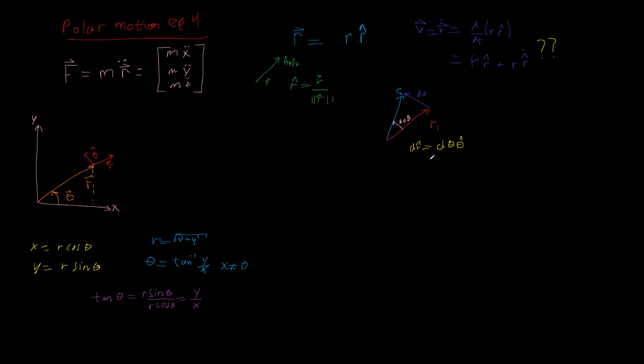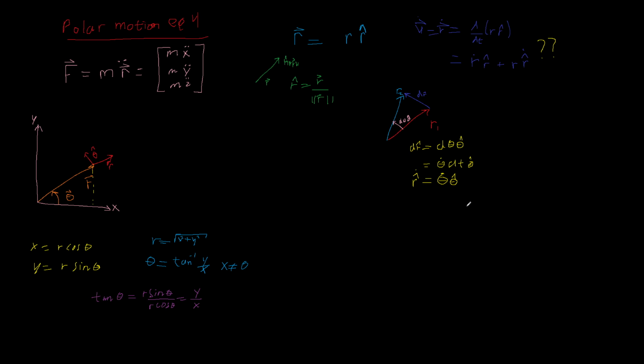And so from this, we can take the time derivative of both sides, and we have r hat dot is equal to theta dot theta hat.